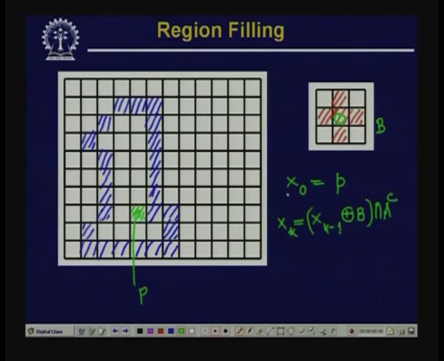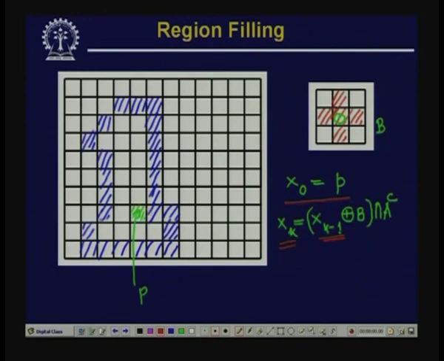Initially, we have assumed that our X0 is just the point p, and next I dilate this X0 following this iteration, that X_k is equal to X_{k-1} dilated with B, intersected with A complement.